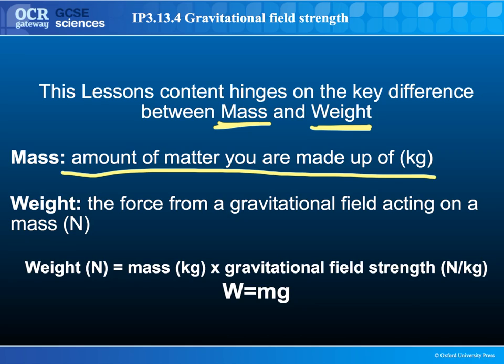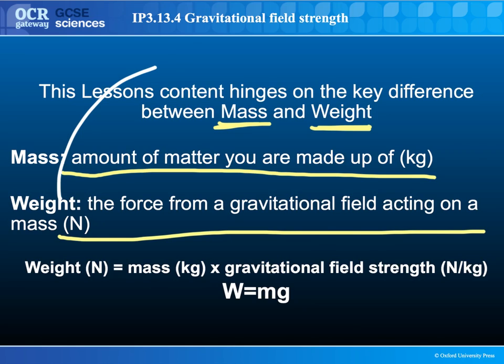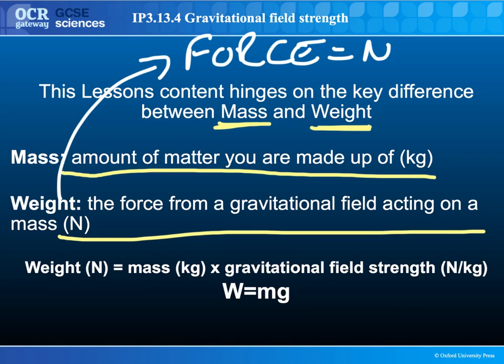It's not scientifically accurate to talk about weight in those terms. That's mass. That's how much matter you are made up of. Your weight is basically, on a simple level, how gravity acts on your mass. So weight is a force. And because weight is a force, it is measured in newtons.